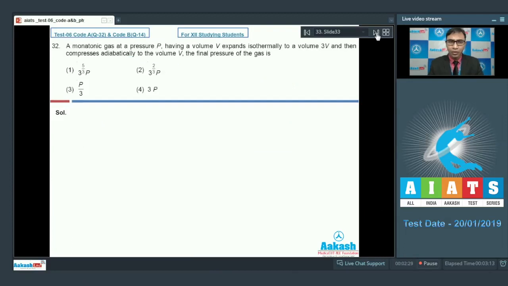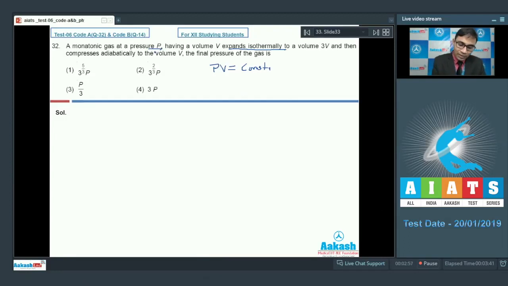In question number 32, it says that a monatomic gas at pressure P having a volume V expands isothermally to a volume 3V, then compresses adiabatically to the volume V. The final pressure of the gas is. So according to the question, first it expands isothermally. So we know that for an isothermal process, PV will remain constant.